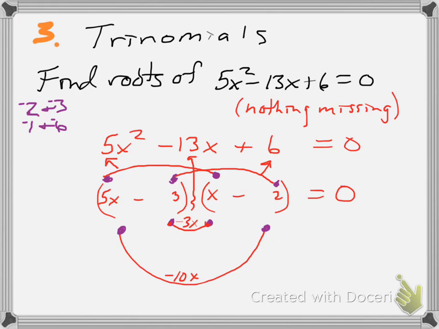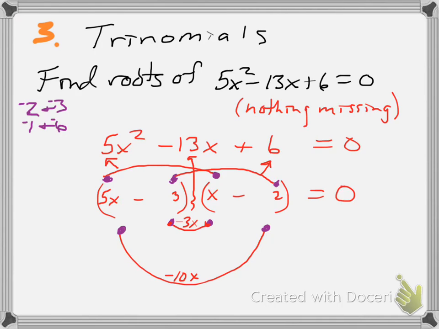Yes. So my first two multiply to 5x squared. My last two, negative 3 and negative 2, multiply to positive 6. And my nose and my mouth add up to the middle. So it's right. If I FOILed it, distributed it out, you would get the original problem.